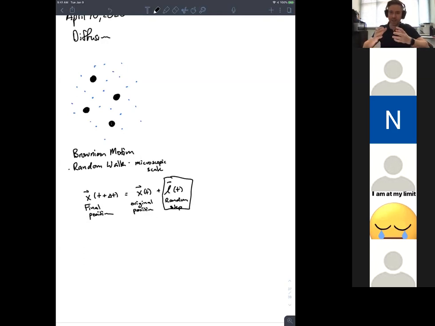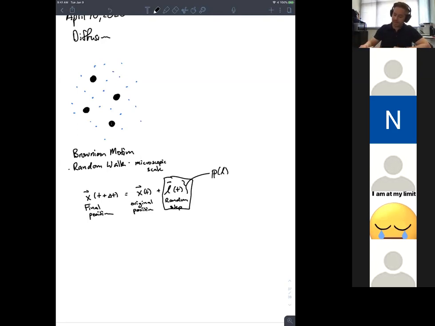The type of step that you take is completely random, and we essentially have a distribution of possible steps, and at each time point we pick one of those possible steps from our distribution randomly. These steps are described by some distribution of possible steps, which we call P of L.